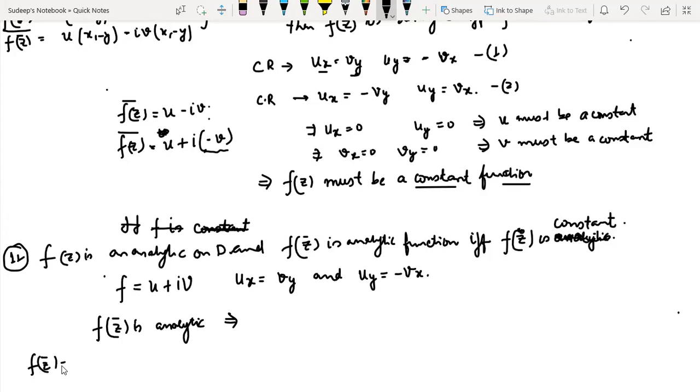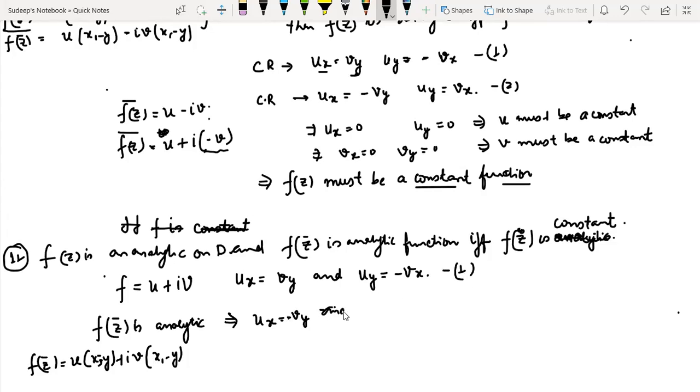So f(z) bar is simply u(x, minus y) plus iota v(x, minus y), because now instead of z we have z bar. Okay, so now what would be Ux? Ux will be equal to differentiating v with respect to y. And instead of y, I have minus y. So by chain rule, I'll get this. So this is equation number 1.